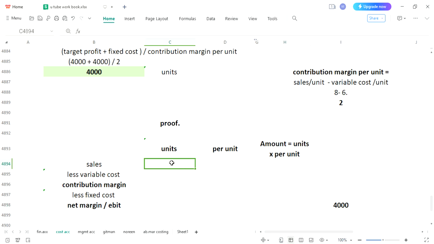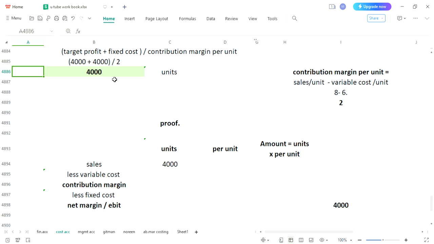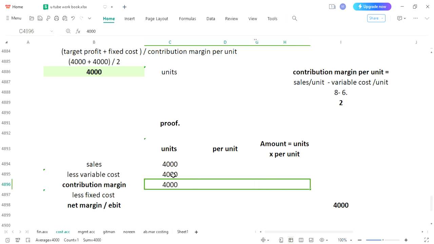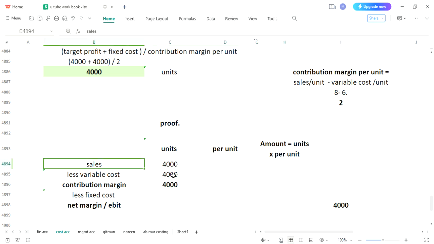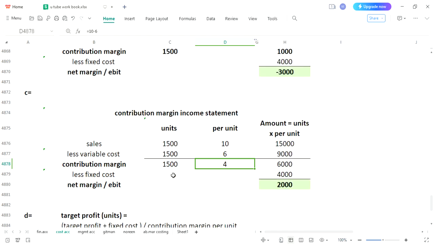Number of units according to our formula, 4,000, and you have well learned about this fact that the number of units of sale would always be equal to the number of units for variable cost and the number of units for contribution margin. So in this way you will complete your statement. Per unit sale price. Okay, go back to the question.